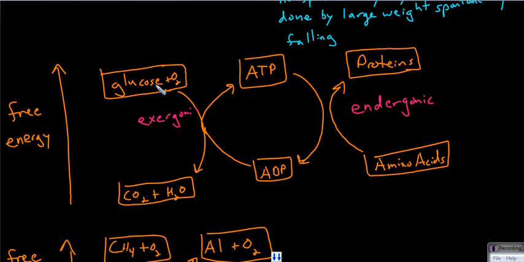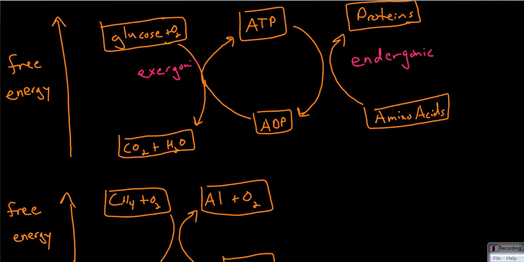So when you metabolize glucose, this can allow ADP to have phosphate attached to it to form ATP, and this ATP can later be turned back into ADP to lose free energy, and coupling that with amino acids, those amino acids can turn into proteins by this release of free energy. You can drive this non-spontaneous process by coupling it with a spontaneous process.